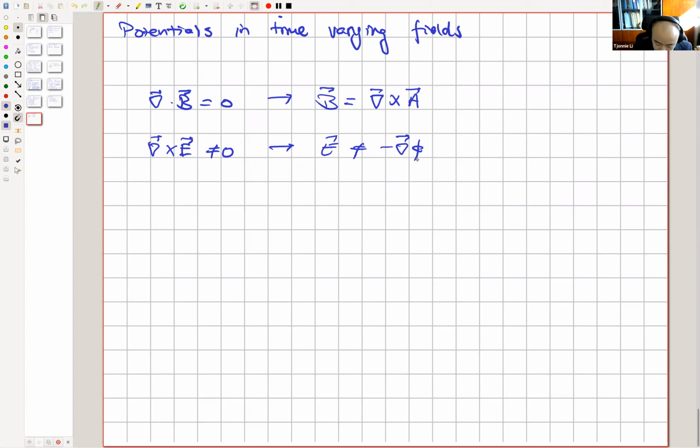And so the question here is, how do we interpret the potentials in time varying fields?